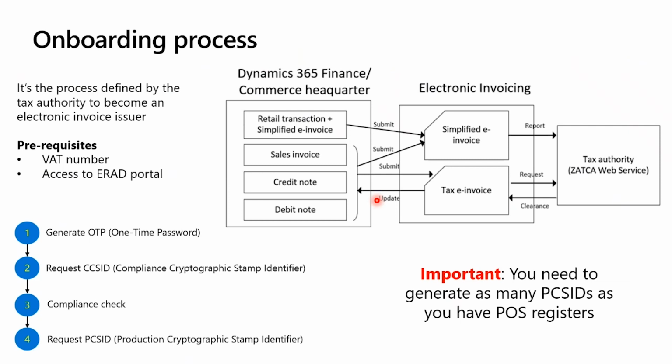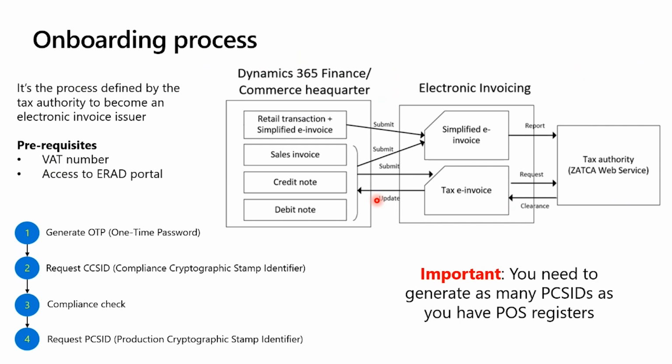So you obtain this CCSID, the compliance cryptographic stamp identifier, you generate a test electronic invoice and send it for compliance check to authorities. And if it passes the compliance check, you can get an approval.